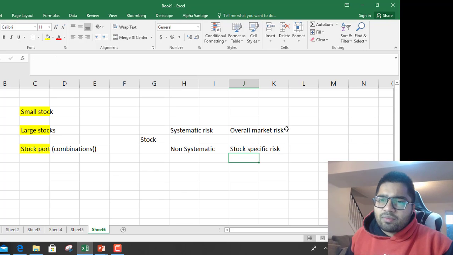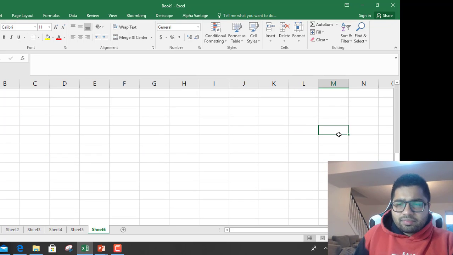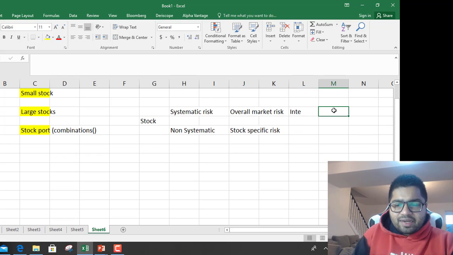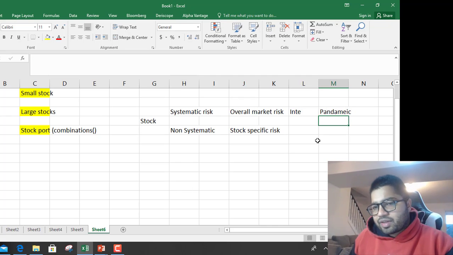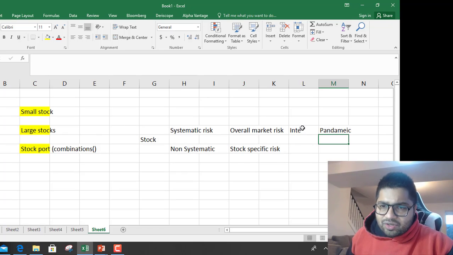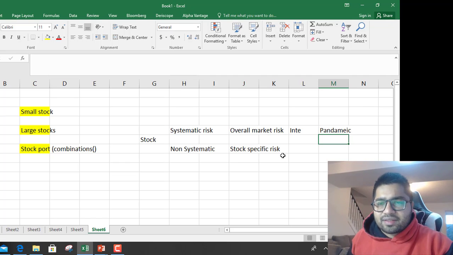Now example, overall market risk will be interest rate risk, or it could be a pandemic. Pandemic will impact all stocks. It did impact all stocks, okay, initially when it came. So interest rates, pandemic, wars, famines, like that impacts everything. That is overall market risk.